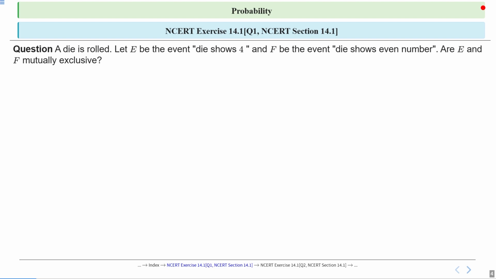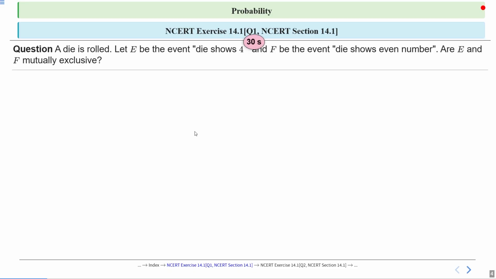Okay. So students, try it yourself first. So for showing mutually exclusive, what do you need? You need the intersection of E and F to be empty. Okay. So if E intersection F is non-empty, then E and F are not mutually exclusive. So students, try it yourself first.